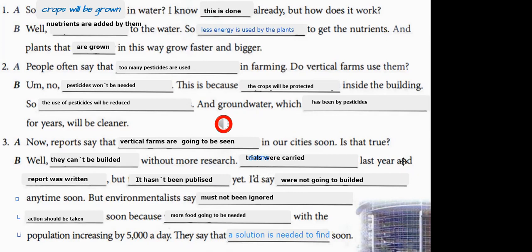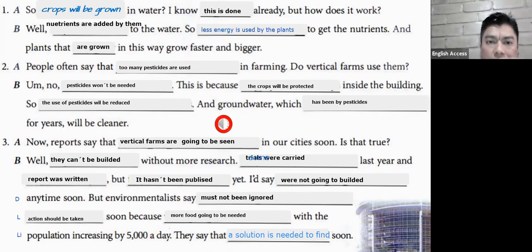Is that it? There is more, okay? There are more answers to be fixed.